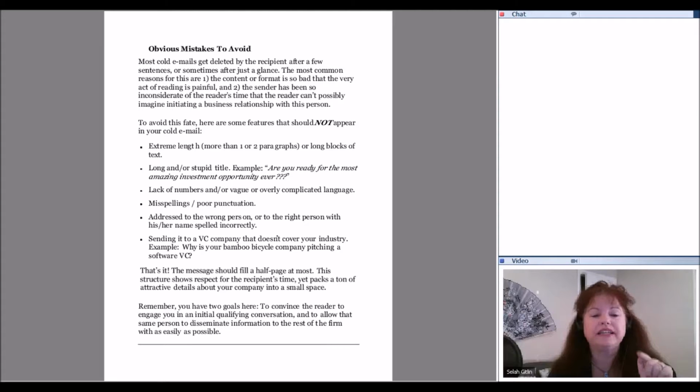Now, next one, sending it to a venture capital company that doesn't cover your industry. Total waste of time, right? So, for example, if you have a bamboo bicycle company and you want $20 million to make a factory in Vietnam where there's plenty of bamboo, why are you pitching a company that deals with software?